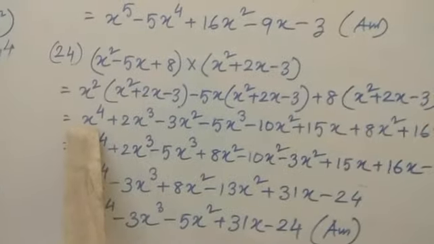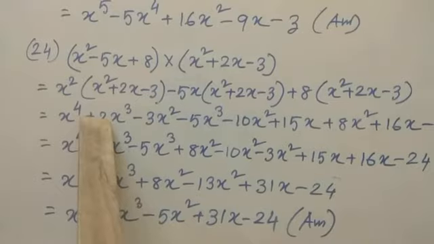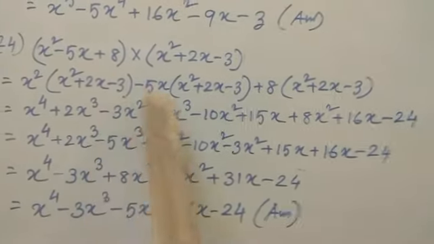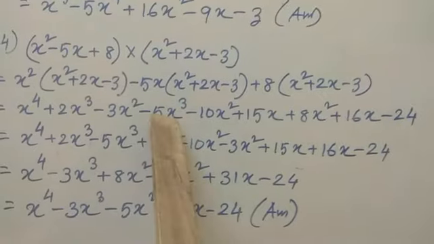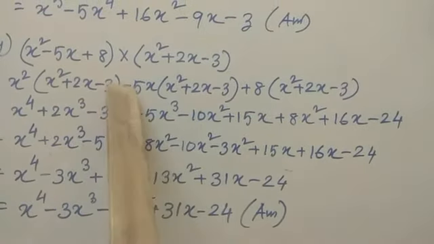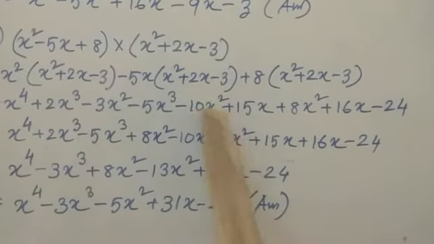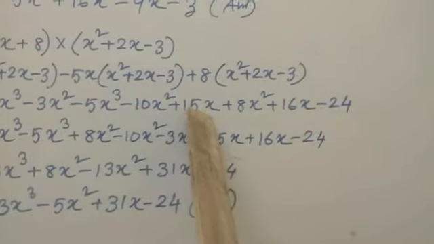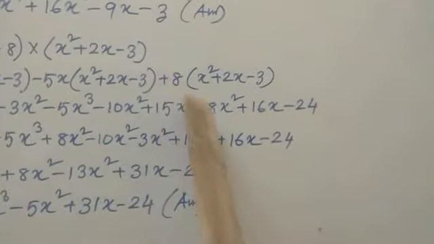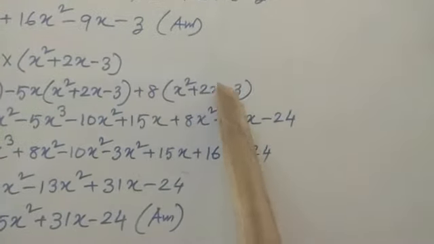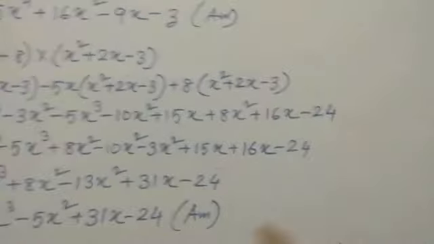So it is x to the power 4 plus 2x cube minus 3x², minus 5 into x cube, minus 5x cube, minus into minus, minus 5 2 is 10x², minus into minus plus 5 3 is 15x, plus 8x², 8 2 is 16x, minus 8 3 is 24.